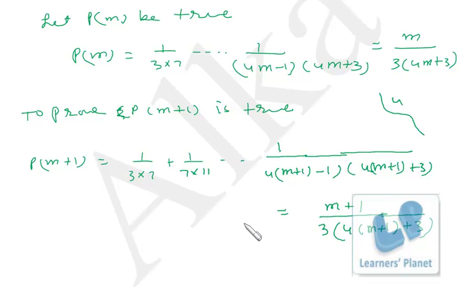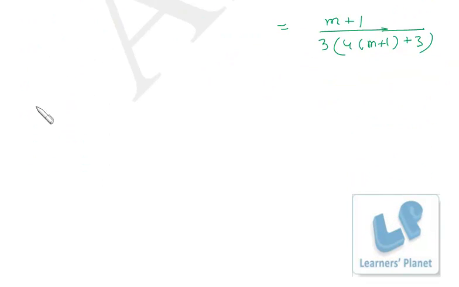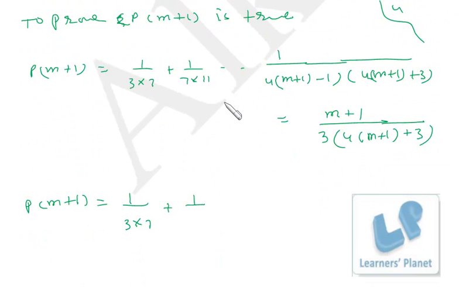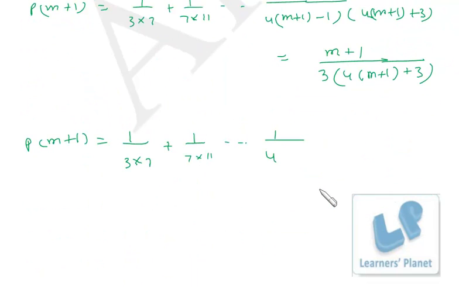Okay, now what? We write down Pm plus 1. So 1 upon 3 into 7 plus 1 upon 7 into 11 till 1 upon (4m minus 1)(4m plus 3). That's up to the mth term.